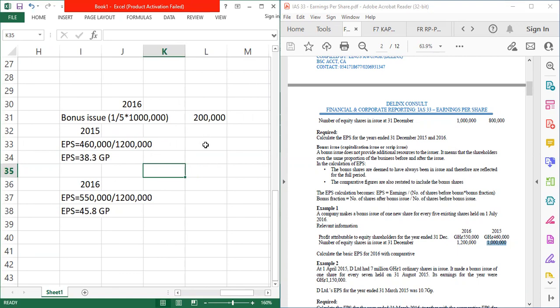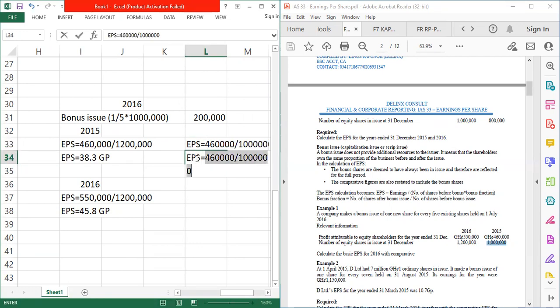All right. Let's look at the actual earnings per share calculated without a bonus issue for 2015. This would have been 460,000 divided by 1 million. How much are we getting? 0.46. Since we now know that there is a bonus issue, we multiply the earnings per share without the bonus issue by the reciprocal of the bonus issue fraction.